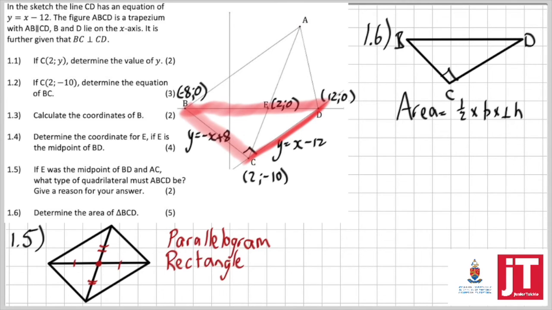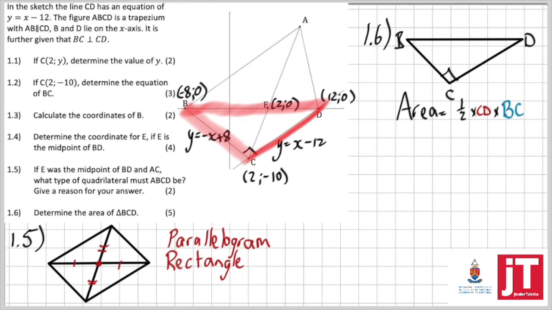Well, a half times base times perpendicular height, with the base being CD and the height being BC because it's right next to the 90 degrees. Would it have been any different if I swapped those sides around? No, it wouldn't. But please, BD is the hypotenuse, so BD has got nothing to do with the area.